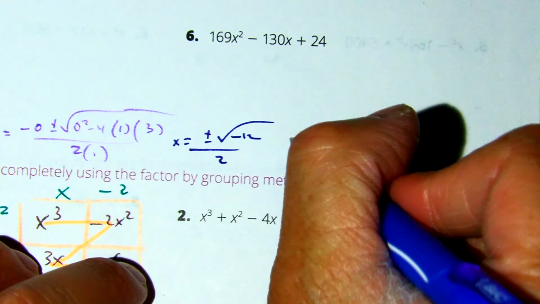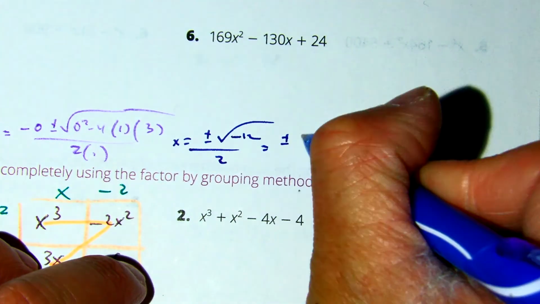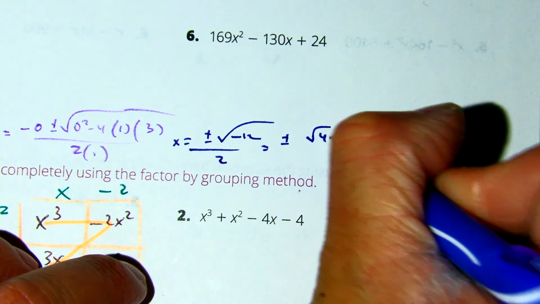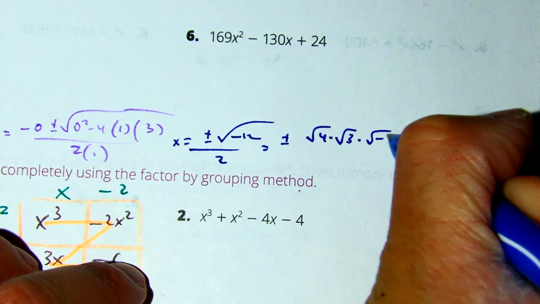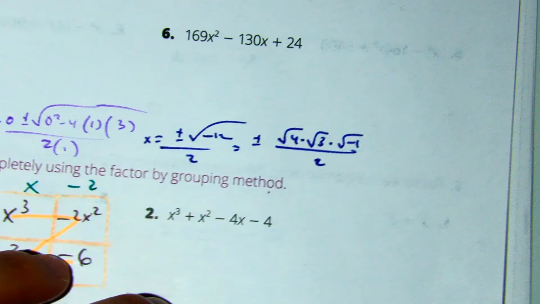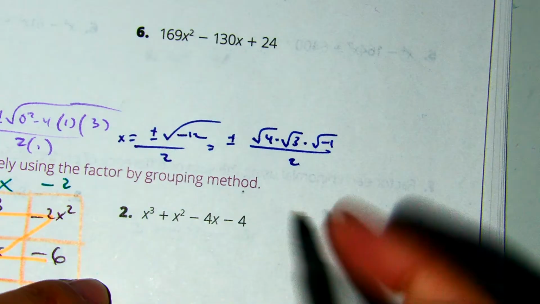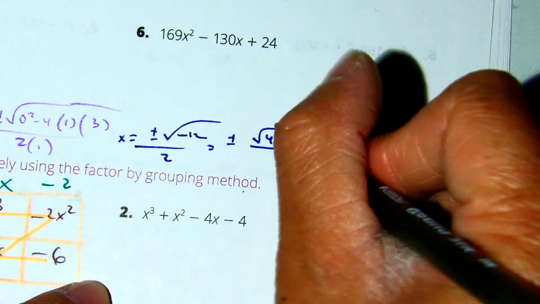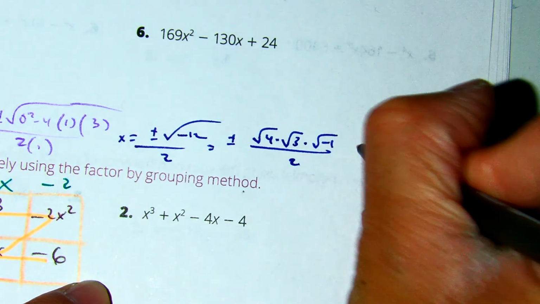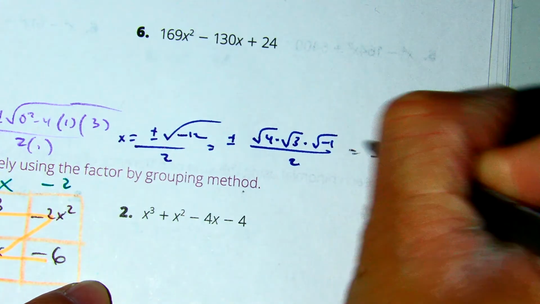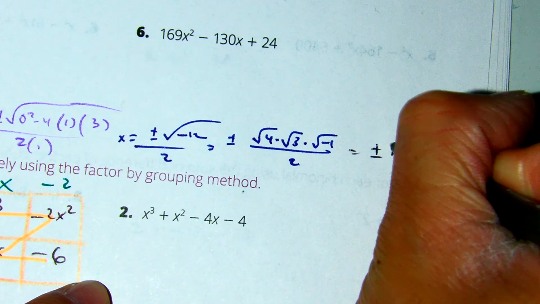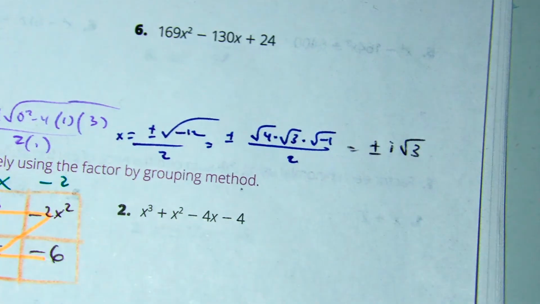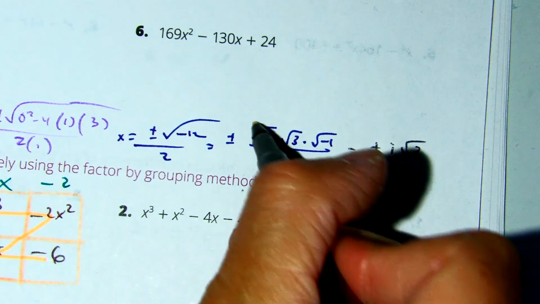So I have plus or minus square root of 4 times square root of 3 times square root of negative 1 all over 2. Square root of 4 is 2. So you're going to get plus or minus radical 3, i radical 3. Square root of 4 is 2. 2's and 2's cancel. That equals 1.